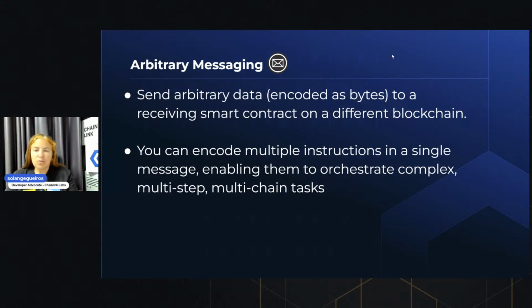And this is what you can call arbitrary messaging. So it's any kind of data encoded as bytes sent to a receiving smart contract on a different blockchain. Interesting that when you are sending messages, this cannot be sent directly to an externally owned account, to your MetaMask, for example. This must be sent to a smart contract that's prepared to receive that.